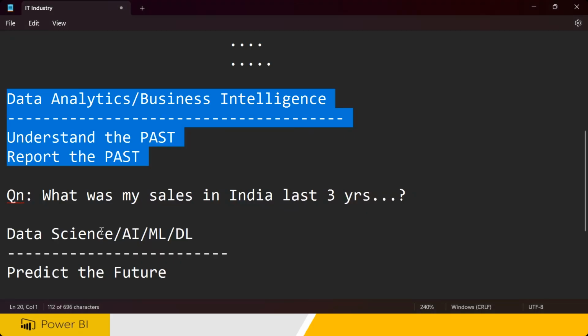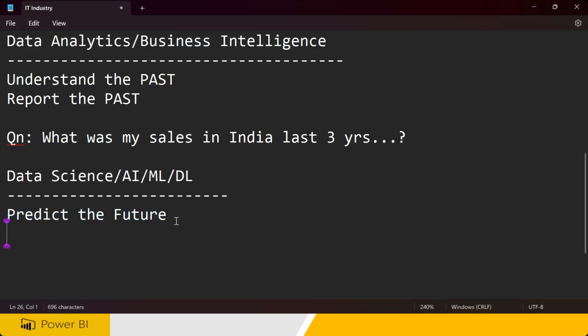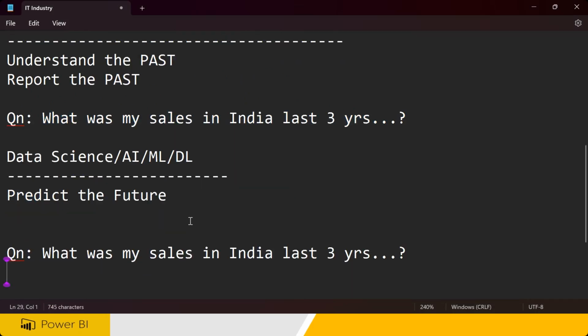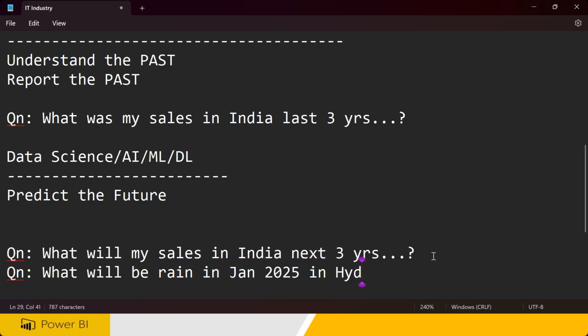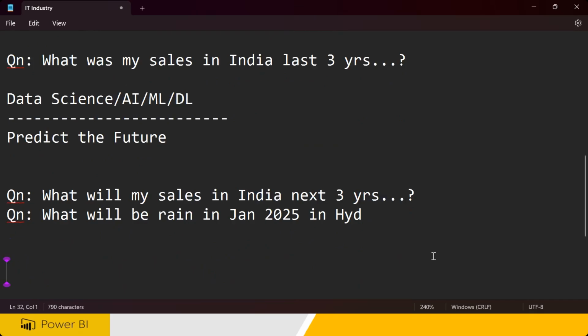But using the same historical data, I wanted to understand whether I will get rain next June, or what will be my sales in India next 3 years. Or I wanted to ask, what will be the rain in Jan 2025 in Hyderabad. I would like to predict, because we have 10, 20 years of data.